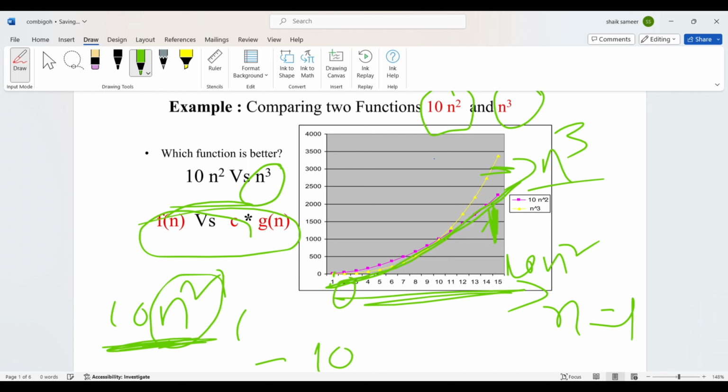Similarly, if you take n cube, the sizes will be the same. When we want to compare two functions, the sizes must be the same. Then only can we compare these two functions. If you draw this graph, we will get n cube also like this.